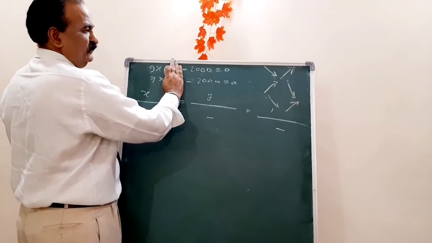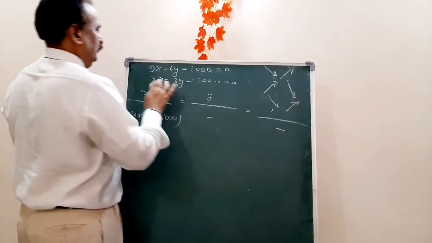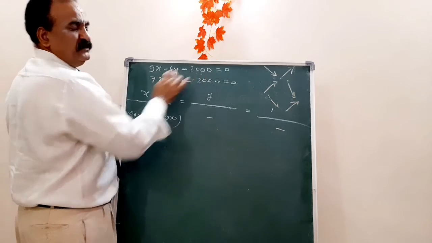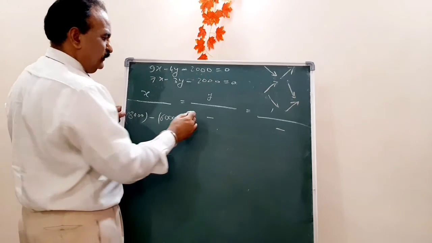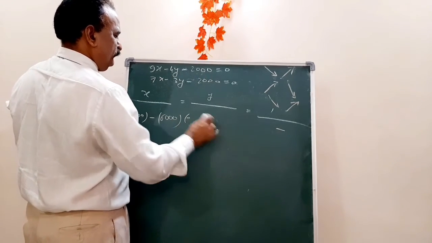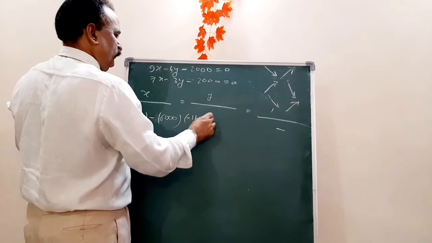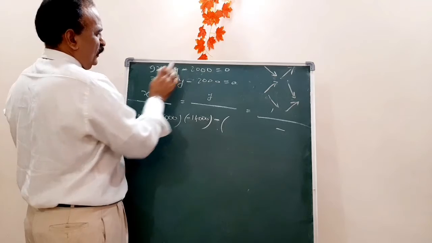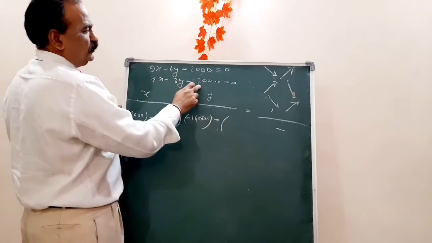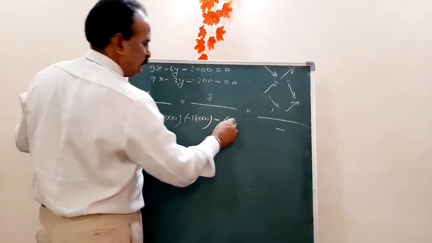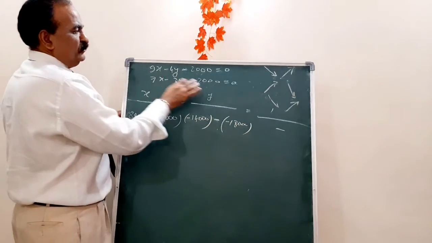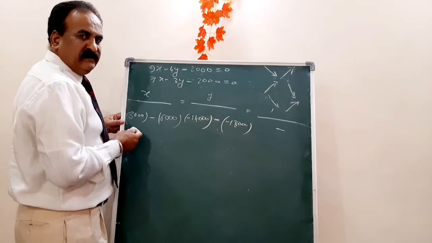Put like this. You have to multiply this. So 7 into minus 2000 means minus 14,000. Okay? Now multiply this: 9 into 2000, minus 18,000.